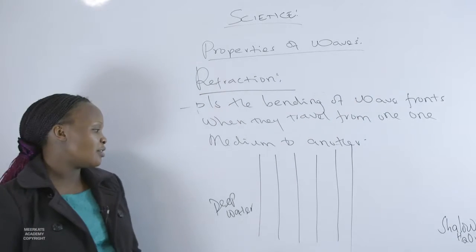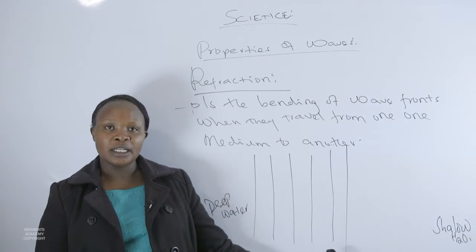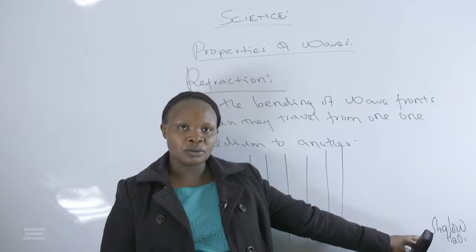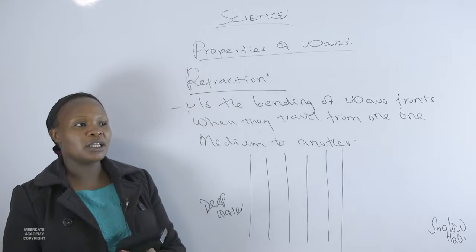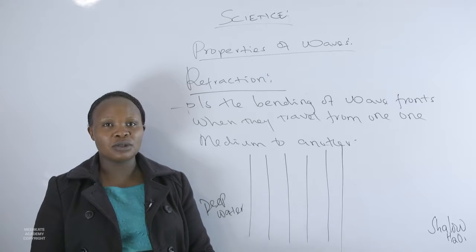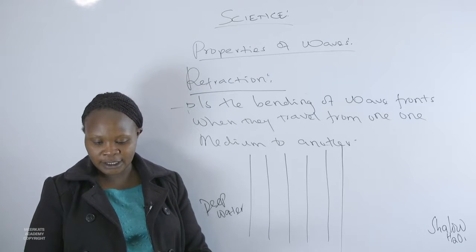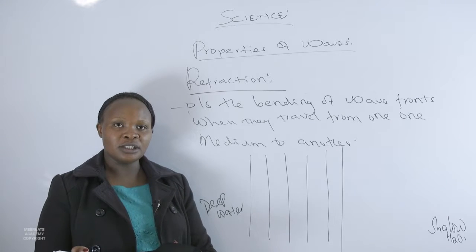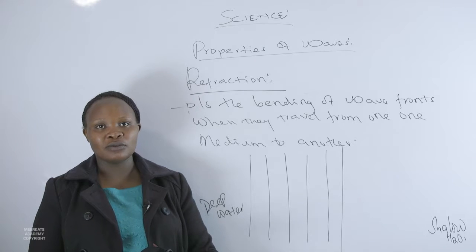Now we have a boundary here that is separating deep waters from shallow waters. Now we expect that our wavefronts are not just going to pass on like that. Rather, there is going to be some change in characteristics of those waves.